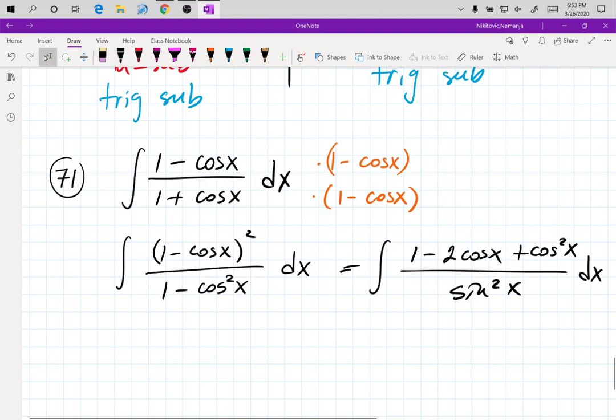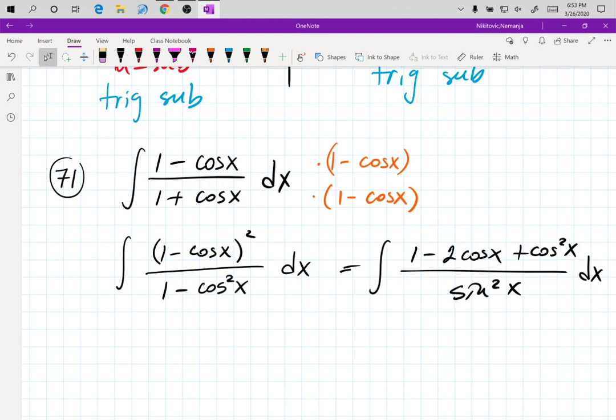And now you split into 3 integrals. You can only change sines and cosines when you have squares through Pythagorean identity. You can't change the single power, right?